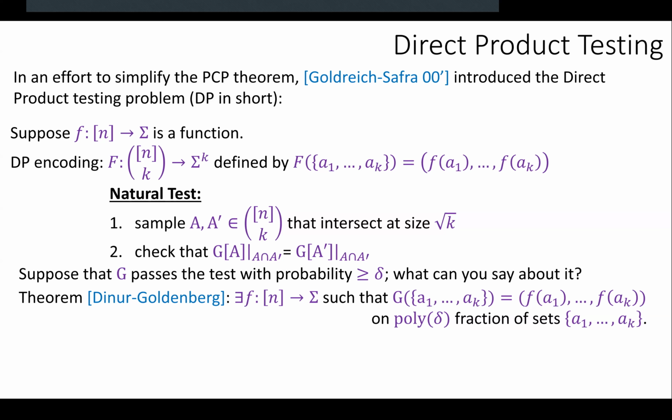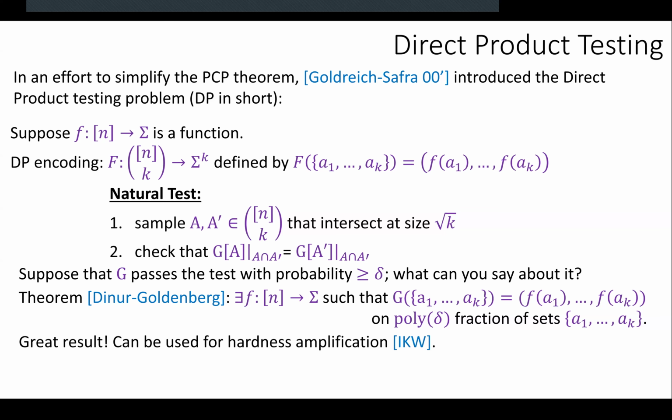If G passes with probability delta, then there is some little f such that G agrees with f on poly(delta) fraction of the sets A1 to A. So if you have delta agreement, then you have delta consistency with some direct product. This is the result, and you can actually use it for hardness amplification.